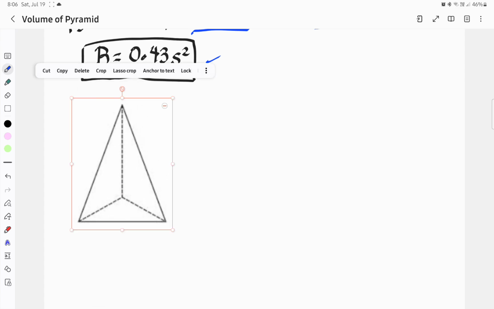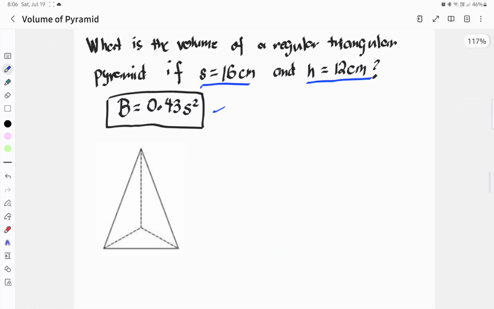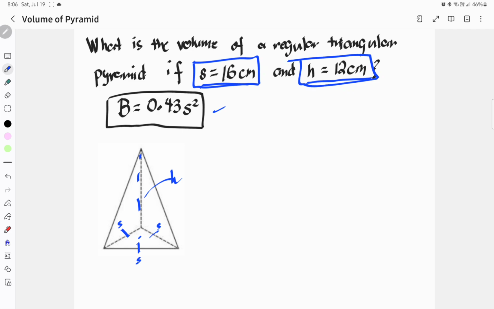Okay, now when you talk about a regular triangular pyramid, it means that all the sides of the base are the same. So this is your s, s, and then s, and the broken line going to the center of that base is known as the height. We were given that our side is 16 centimeters and the height is 12 centimeters.